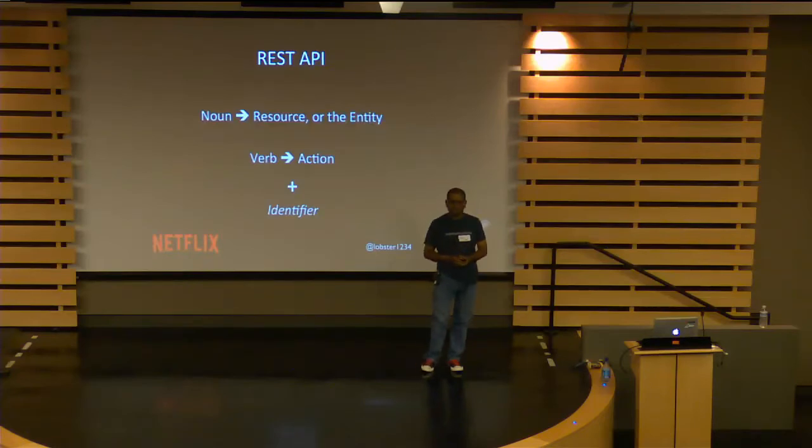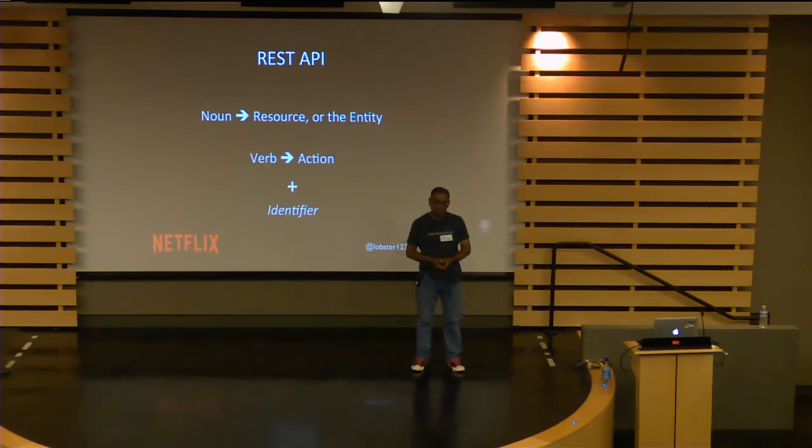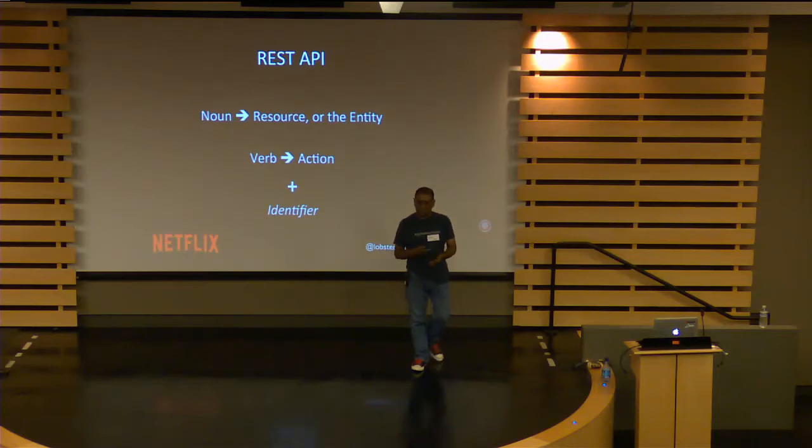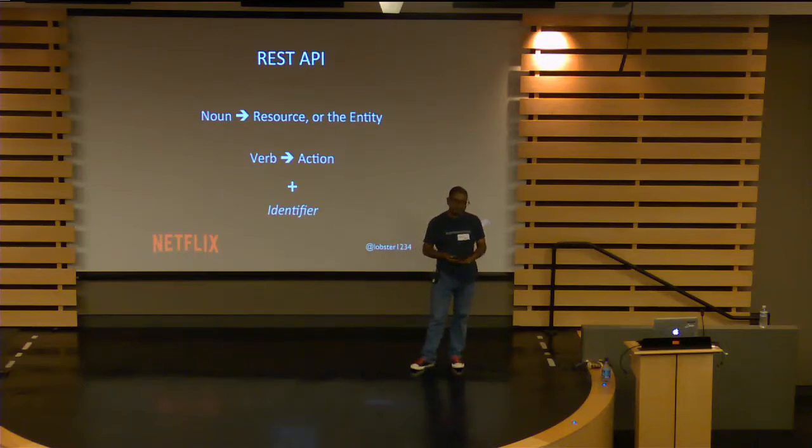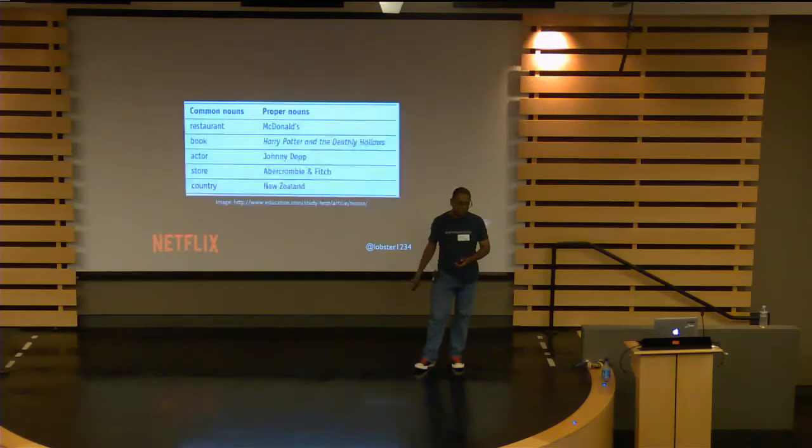Ideally, there should only be one path to a resource, but we all know that's not so practical. There are many ways to reach a resource because these resources are all linked to each other. So you need an identifier to identify the particular resource you are going to act on, and that action is signified by a verb, right?